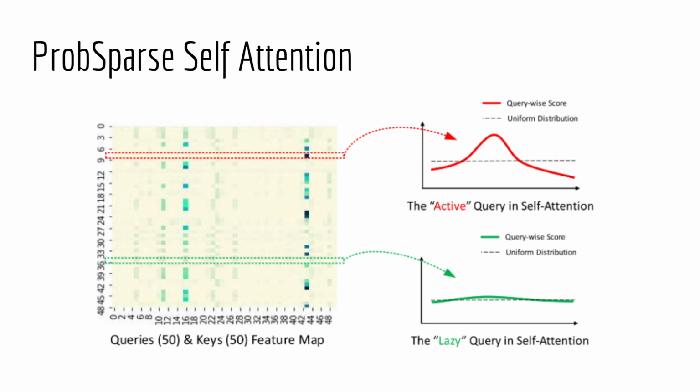They call the rows that have a lot of varying values active, and the ones that do not have as much variance lazy. There is a lot to learn from these active queries, and not so much at all from these lazy ones. So, we want to focus on the active ones, and the lazy ones can be assumed to be the uniform distribution.